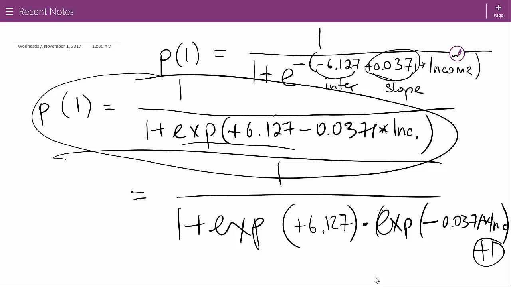So what happens if my income goes up, okay? From a certain level of income, I go income plus 1. In other words, I started to get an extra $1,000 per year, right? My income went up. Okay, so that means that this expression under the exponent is getting larger, right? Income gets larger, so this expression gets higher, but it's a minus sign, right? So therefore, e to the power of minus a larger number gives me what?